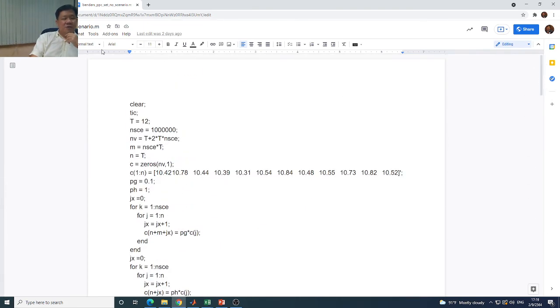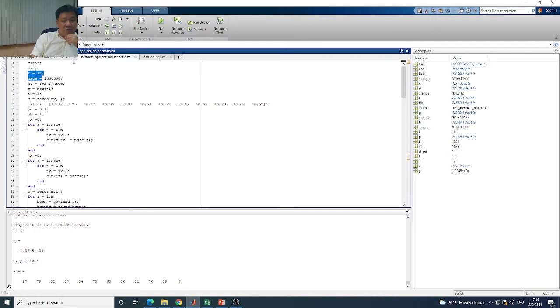I'm going to show you a little bit, because we already put the numbers in this program. In this case we have 1 million scenarios. 1 million is a pretty large problem, and I already ran it, it took maybe more than 2-3 minutes.